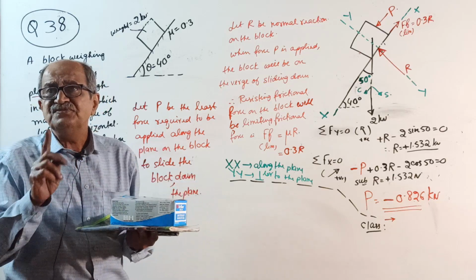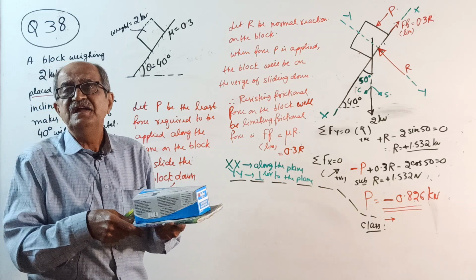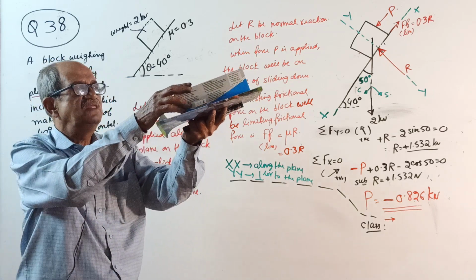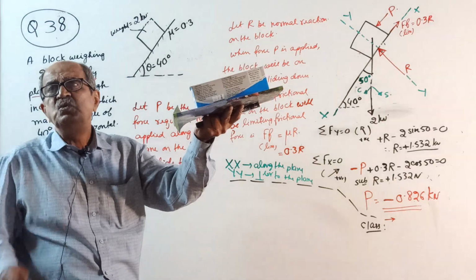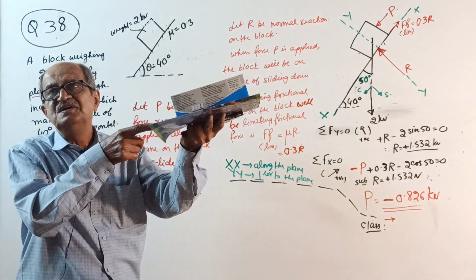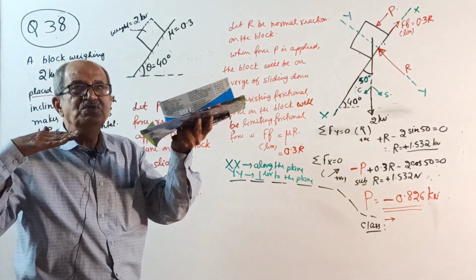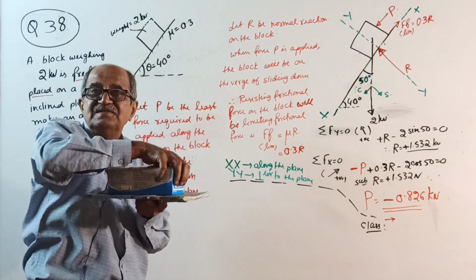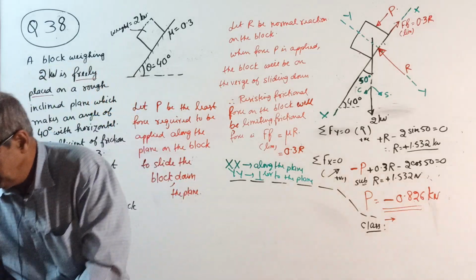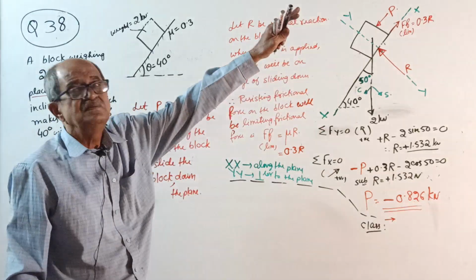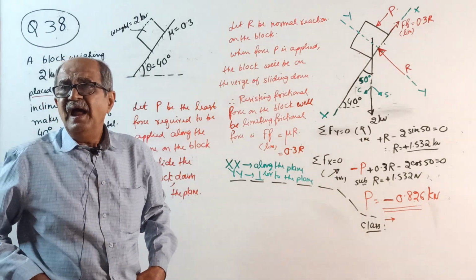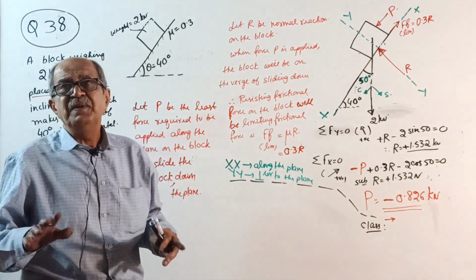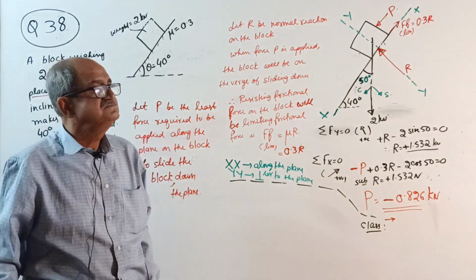But this time, not that way. This time the person who set the question thought that it will not slide. See, he thought like this. Now to slide, what to do? If you want to slide, you have to apply a force, not this way now. This way you have to apply a force now. Suppose, imagine a vehicle is parked on an inclined road and with the front brake applied.